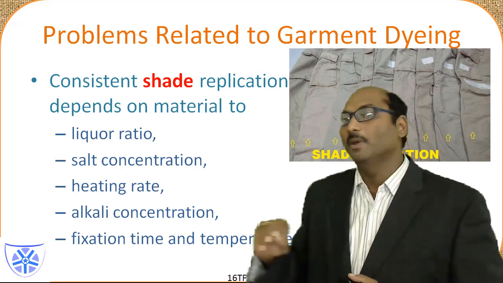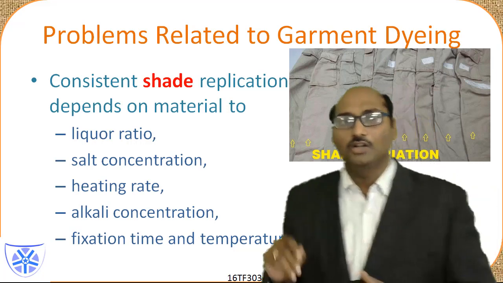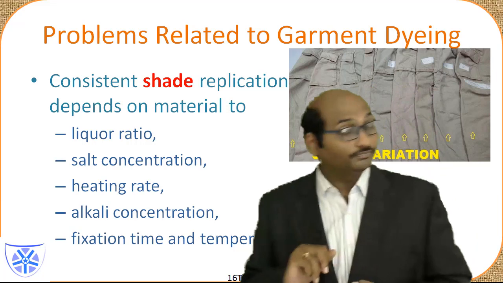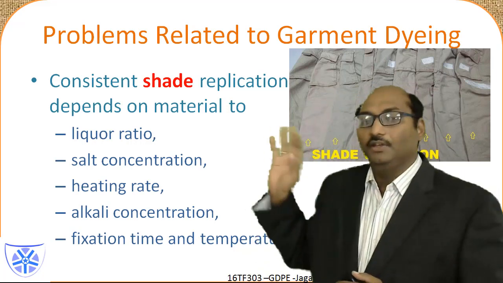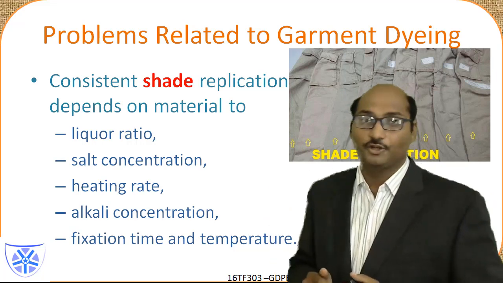Otherwise, there may be variations in the shades of the dyed garments. In this photograph, you can see various khakis or cargo pants which are dyed and slightly have variation.